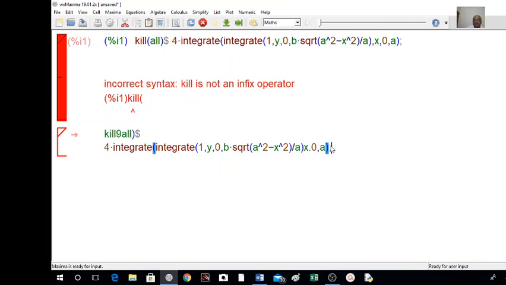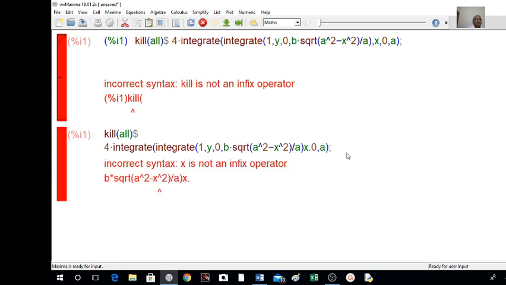Okay, correct. Now execute, kill(all). Okay. Now execute. A square minus x square. Sorry, I have to give a comma here.